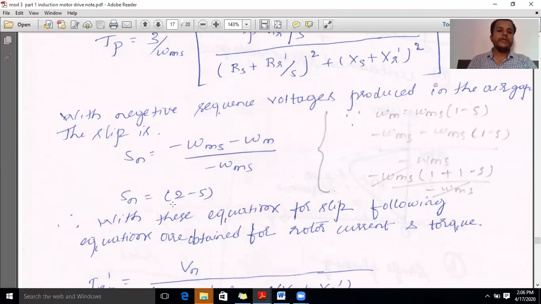So now the slip will be given by (minus omega ms minus omega m) divided by minus omega ms. So it is 2 minus s.